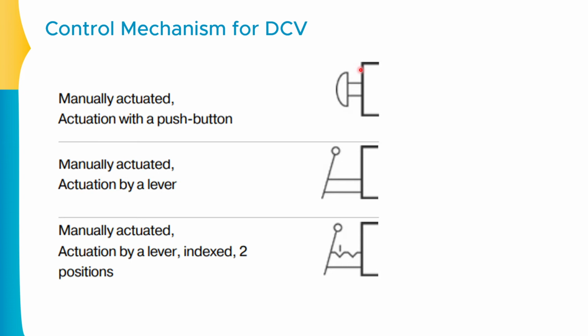If I press this button, the valve will come into the actuated condition, and if I just leave the button, the valve will come back to its normal position by itself. The second option is the lever mechanism, and the third is also a lever mechanism, but it is the indexed mechanism. Whenever we have multiple positions available, we use the indexed lever. So there are a total of 2 options available for the lever.